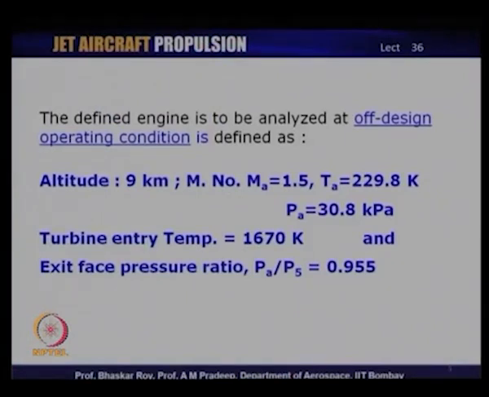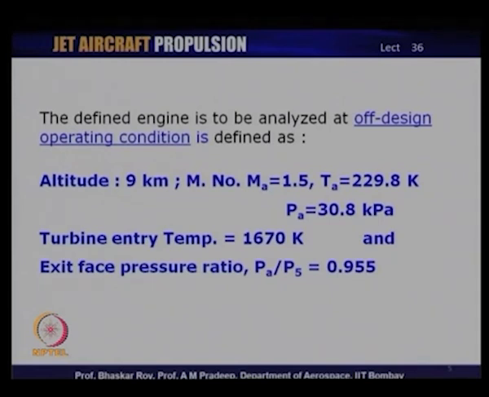The prescription that is given is that off design engine performance need to be estimated at an altitude of 9 kilometers, at which the aircraft engine is now flying at a Mach number of 1.5, where the temperature is 229.8 K, and the atmospheric pressure is 30.8 kilopascals.